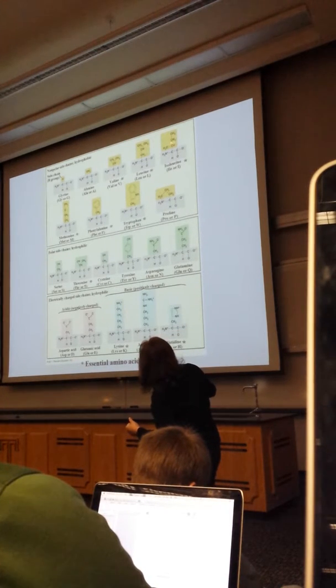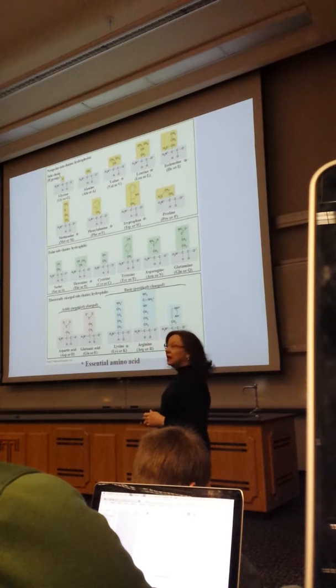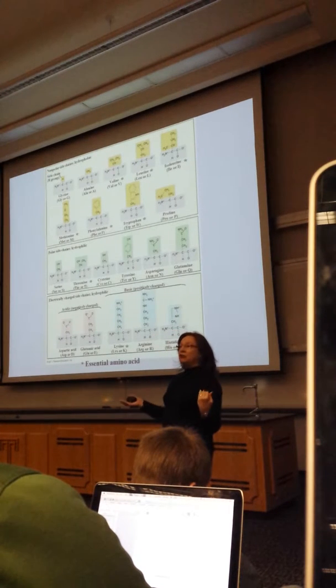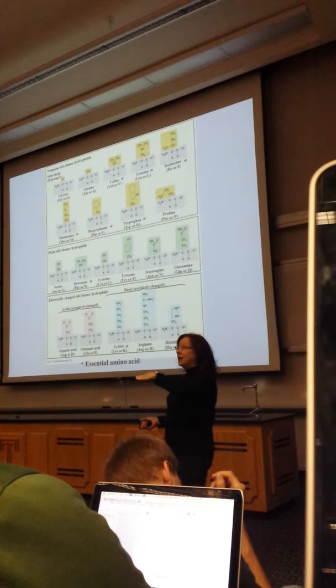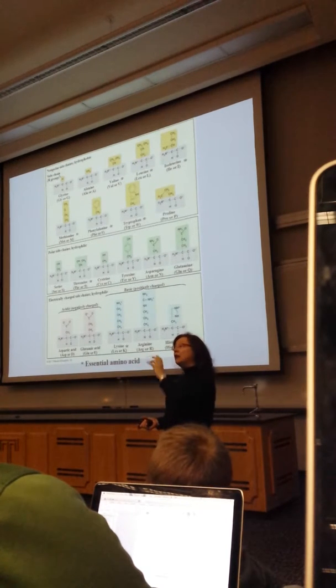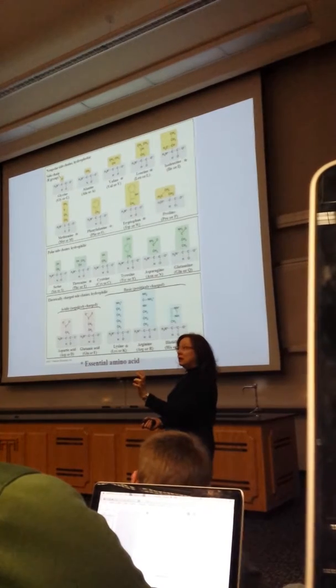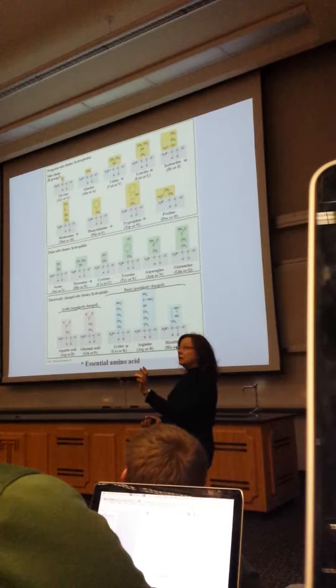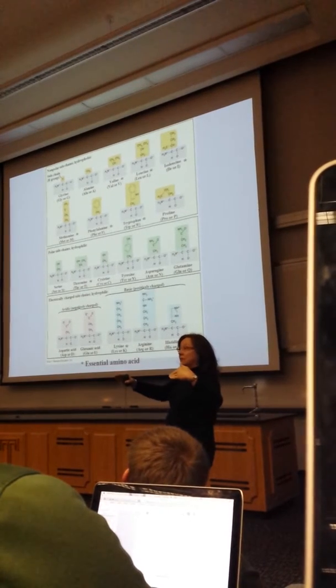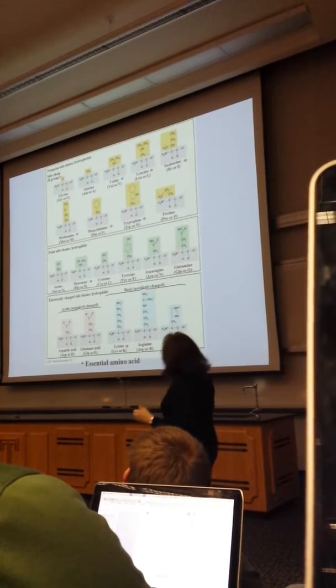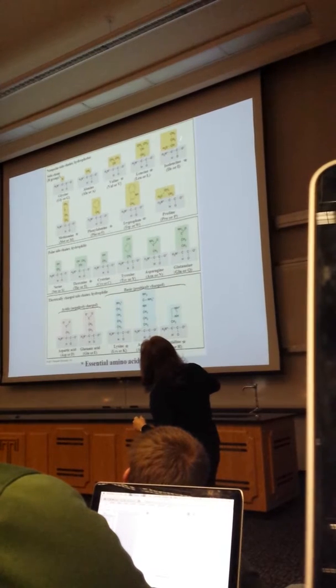The only thing I'm going to ask of you is to be able to look at a structure like this or this or this and tell me, can it form a hydrogen bond? We already have that first principle down pat, right? A hydrogen bond has to be a hydrogen shared with an electronegative atom, and those electronegative atoms are oxygen and nitrogen. So, can this R group form a hydrogen bond with anything?